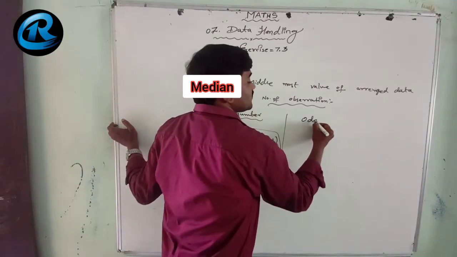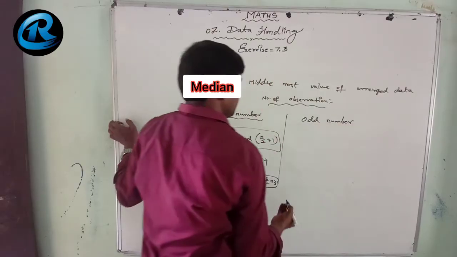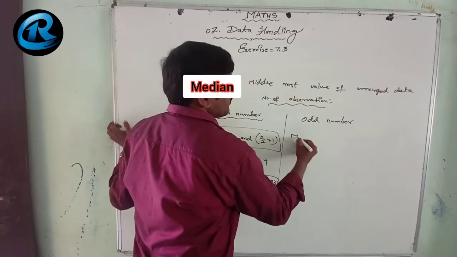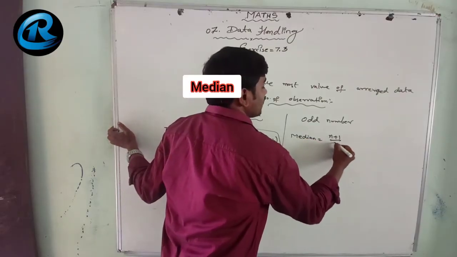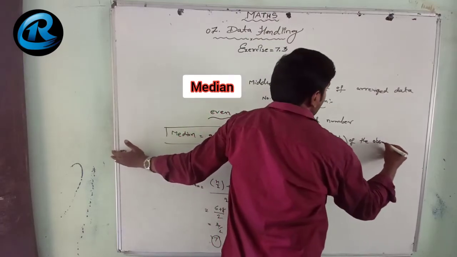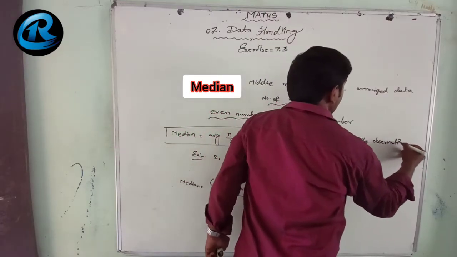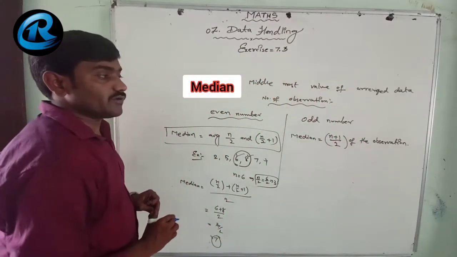If the number of observations is an odd number, then the formula to find the median is the n plus 1 by 2 th observation.